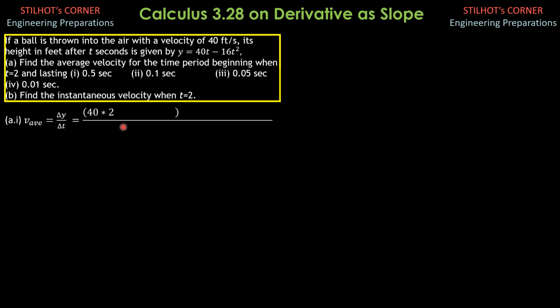So it is 40 times 2.5 minus 16 times 2.5 squared, minus quantity 40 times 2 minus 16 times 2 squared, all over 0.5. Again, 0.5 is 2.5 minus 2. So using your calculator, it is negative 32 feet per second.